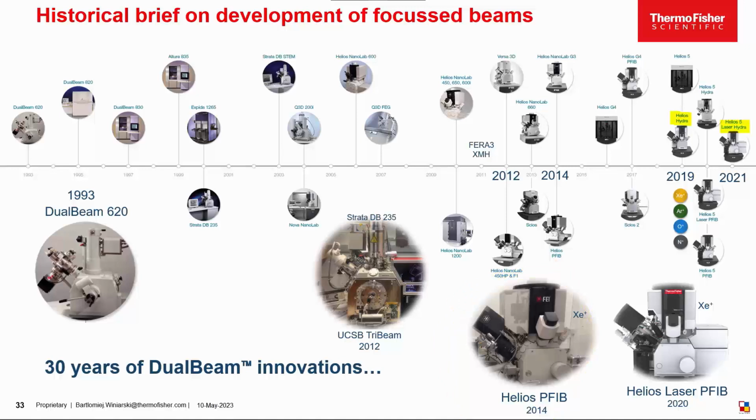From 2019, the Hydra Helios multi-primary ion dual beam is available. In the next year, 2020, the first commercial tri-beam based on the Helios xenon plasma dual beam was presented. In 2021, the tri-beam was extended with multi-primary ion capabilities, known as Laser Hydra Helios dual beam.